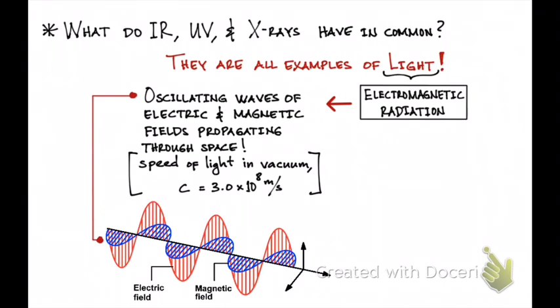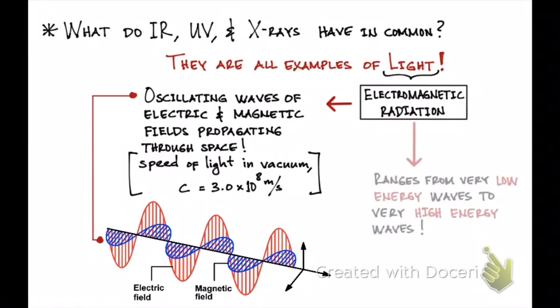When the magnetic field is going in a counterclockwise direction, the electric field is pointing upward. And if the magnetic field is going in a clockwise direction, then the electric field is pointing down. That's basically what the right-hand rule is. It tells you the relative direction of the magnetic field from the electric field.